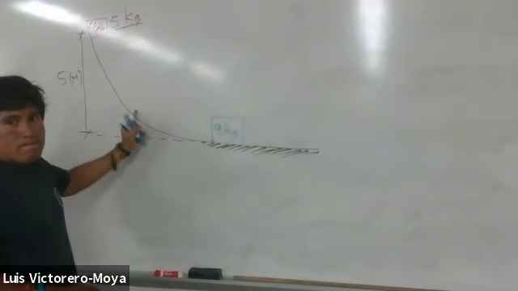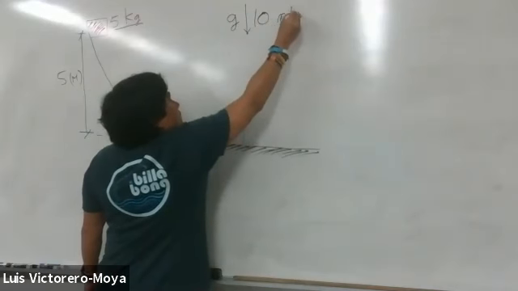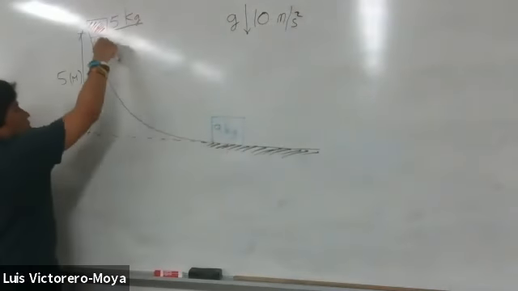So the problem is asking you, by how much will it recede? So how much will this block go back up? It's a classic problem of collisions, and very easy.